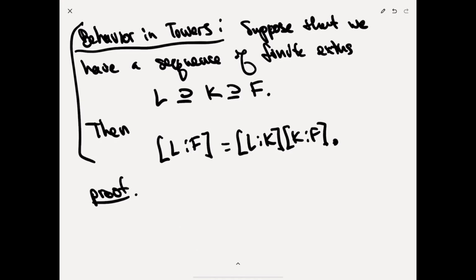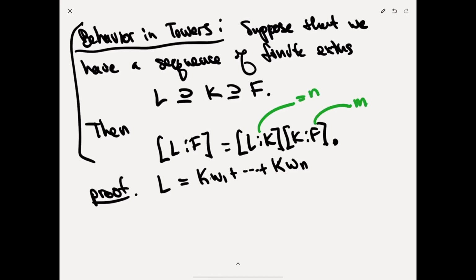All right, so the proof idea is essentially that we write L as KW1 plus ... plus KWn. Let's give some notation here. This dimension is equal to n, and this one will be equal to m, so the total will be n times m.